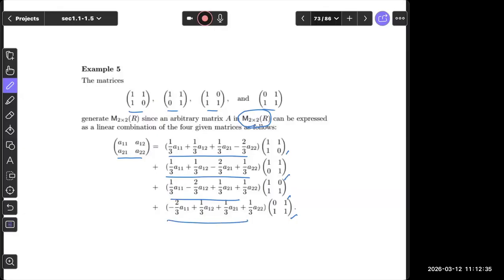So that means M sub 2 by 2 is a subset of the span of those four matrices. So these four matrices will span M sub 2 by 2.